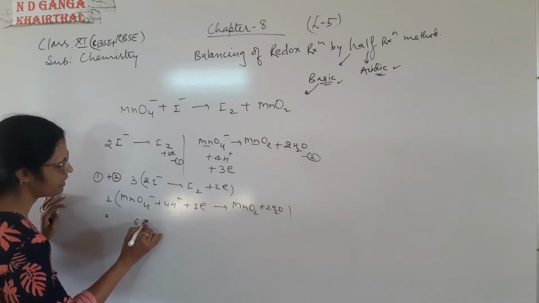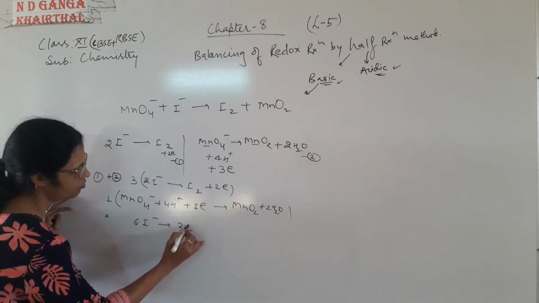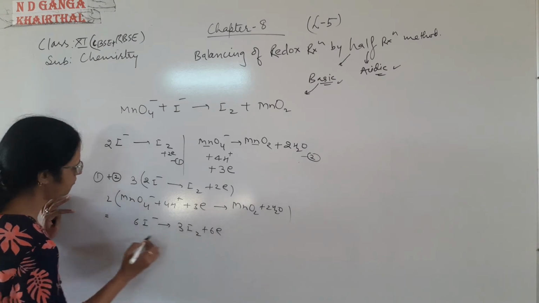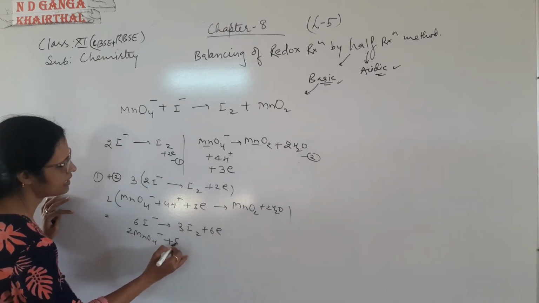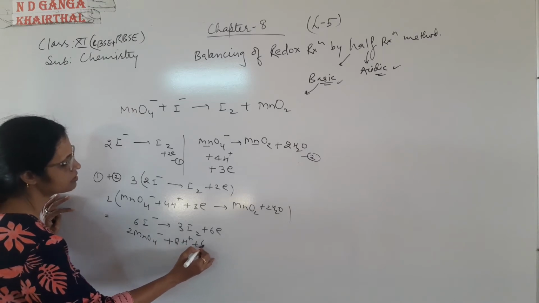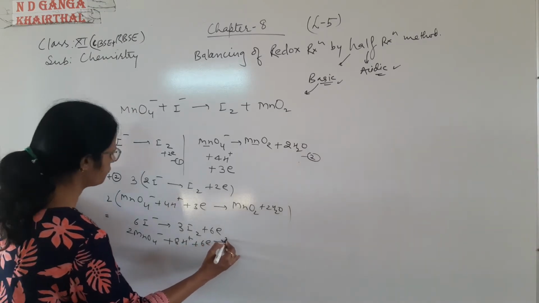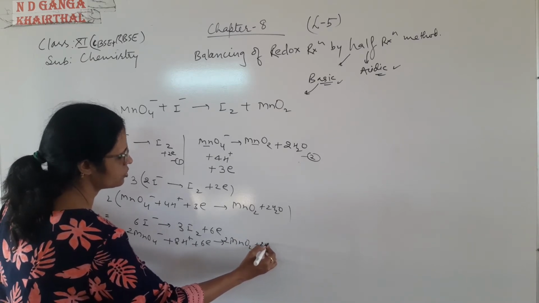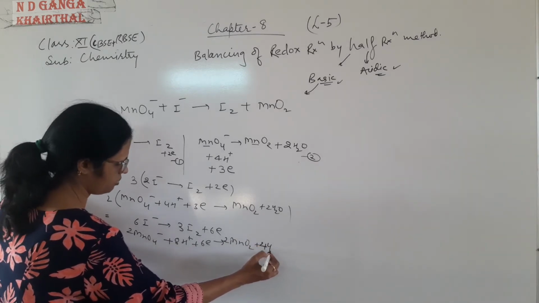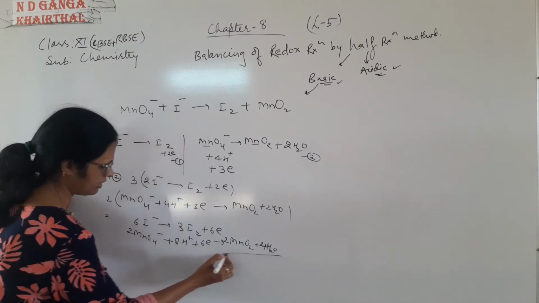So 6I minus equals 3I2 plus 6 electrons, and 2 MnO4 negative plus 8H plus plus 6 electrons equals 2 MnO2 plus 4H2O. Clear?